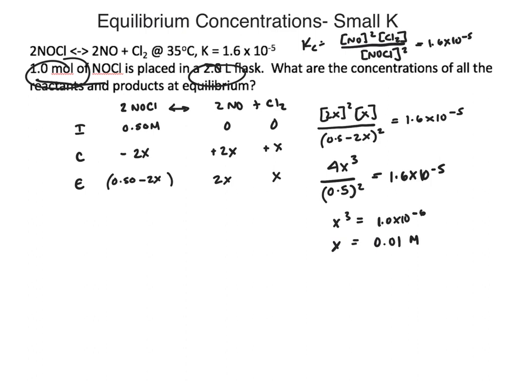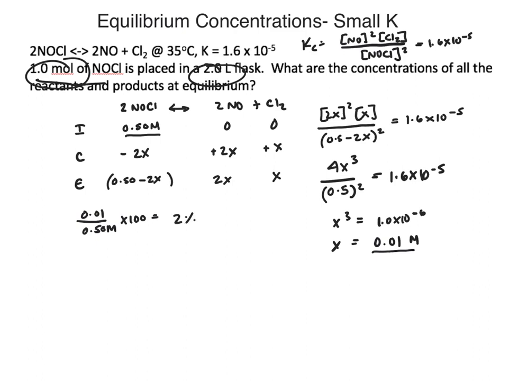Now we always need to check and make sure that our calculation for x is an acceptable value. In order to check x, we take our x value and compare it to the original concentration that it would have been subtracted from. So we take 0.01 divided by 0.50 molar, multiply that by 100, and that gives us 2%.